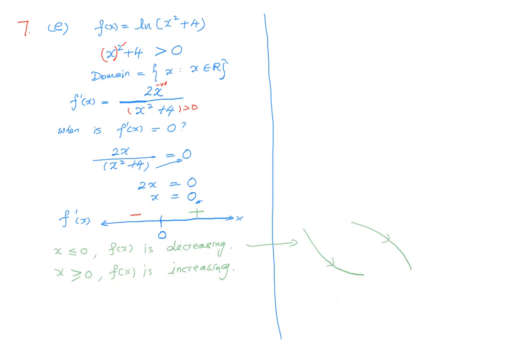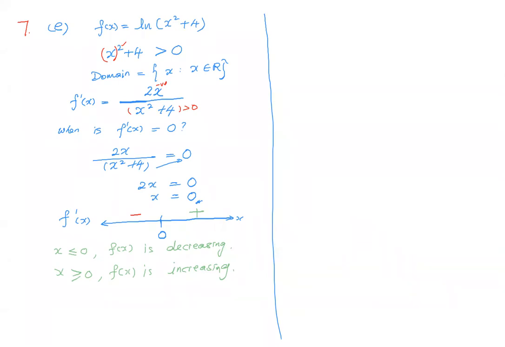We should do f double prime x then? Yes, you can do f double prime x, but here I'm going to discuss the shape of the graph without using the second derivative. I'm going to use the GC straight away.